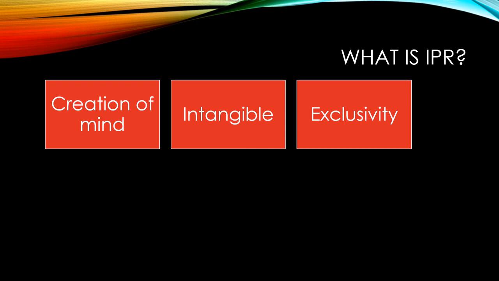If you have a patent, you are the only one who is allowed to make the goods or lease the goods or license the goods which you have invented, and therefore you are exclusive. All these intellectual property rights are about creating an exclusivity of the owner.